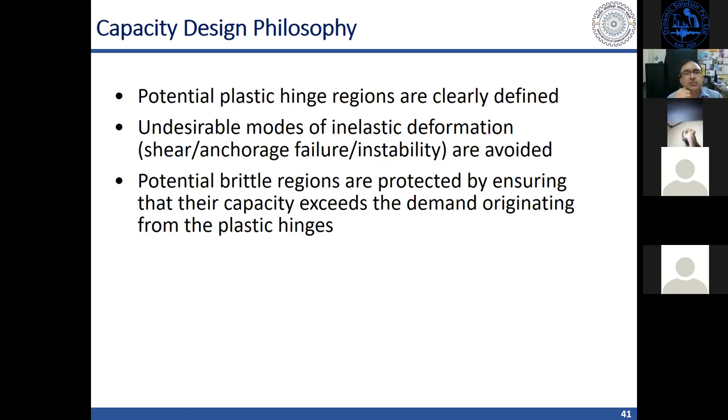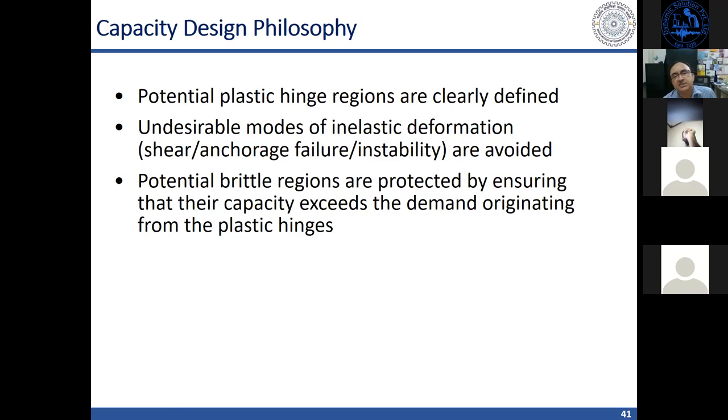Then undesirable modes of inelastic deformation like shear, anchorage failure, instability, buckling, those are avoided. How can we avoid those? Making them stronger than the ductile mode, not making them stronger than the earthquake, making them stronger than the ductile mode. And then potential brittle regions are protected by ensuring their capacity exceeds the demand originating from the plastic hinges.